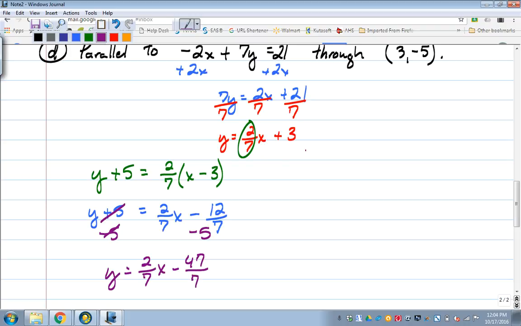Is that right? Maybe the calculator can check me in there. I think that's right. Is that right? Somebody? Anybody? Know if that's right or not? Negative 35. Negative 12.